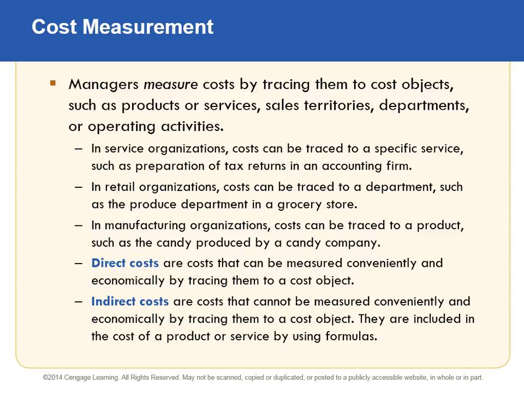So there are two major categories of costs: direct costs and indirect costs. Direct costs are directly traced to the product. They are costs that can be measured conveniently and economically by tracing them to a cost object.